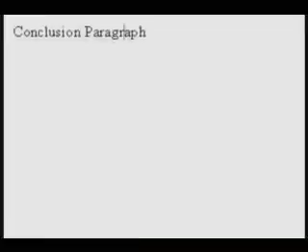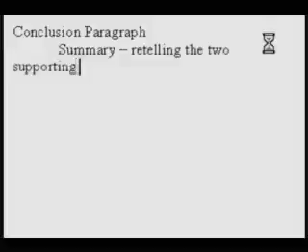Okay, now finally the conclusion paragraph. Now the conclusion paragraph starts with 1 or 2 sentences that provide a summary, and a summary is basically retelling the 2 supporting topics briefly.